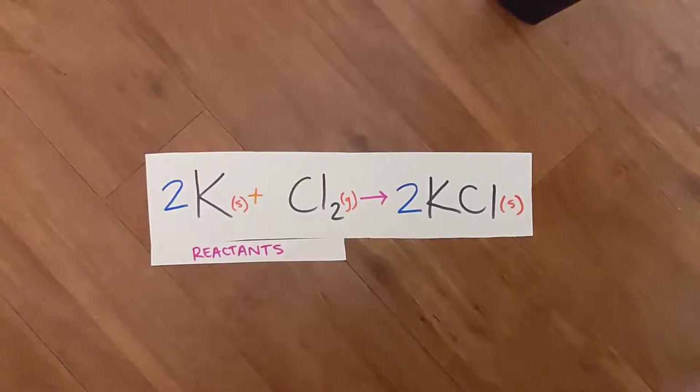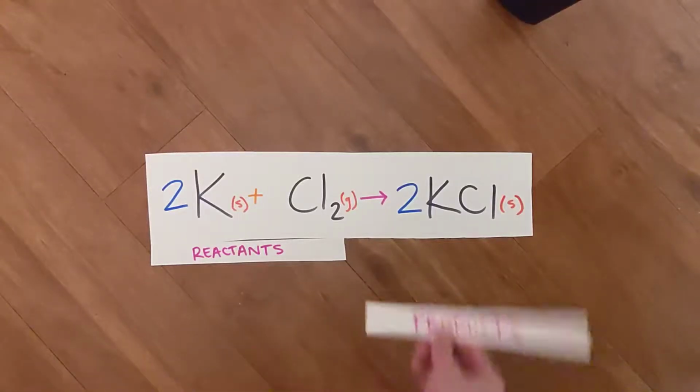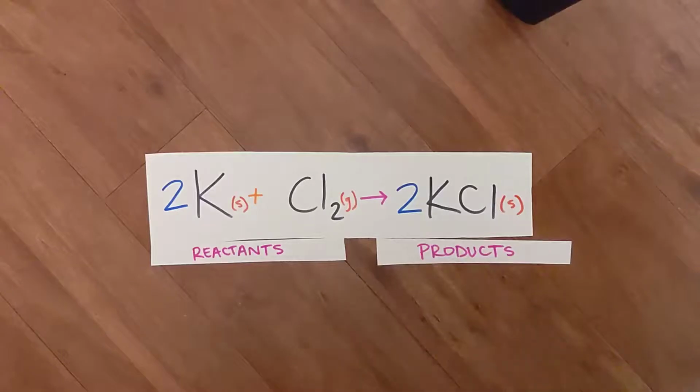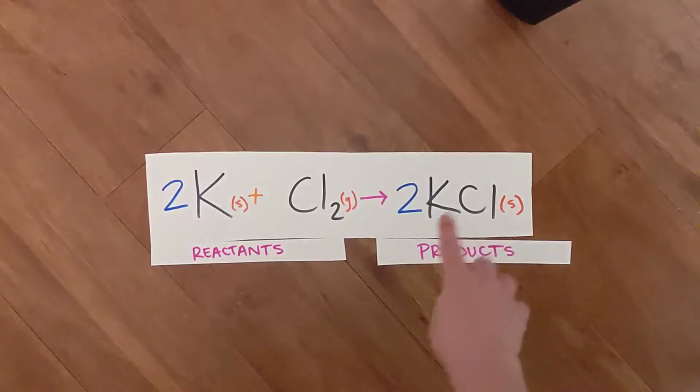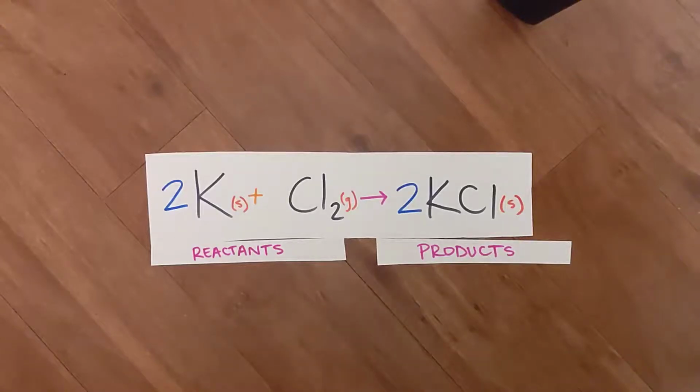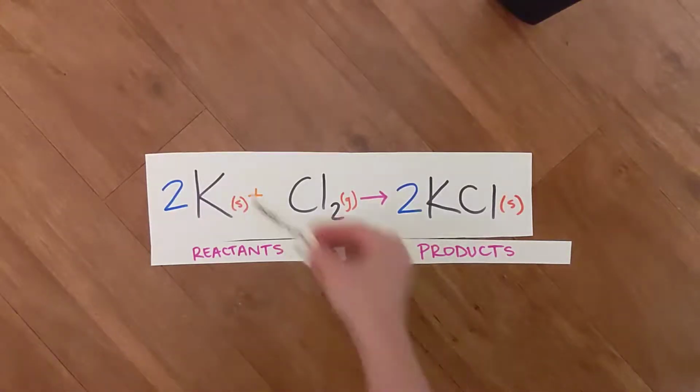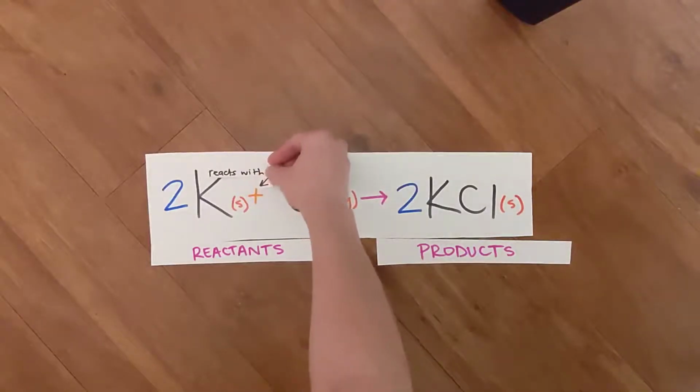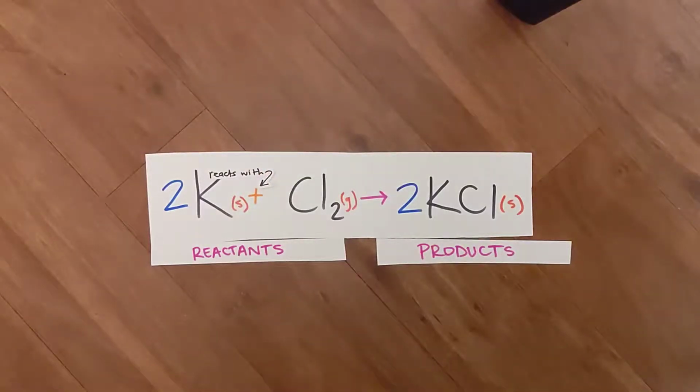And everything to the right side of the arrow is called a product or products. In this case, we only have one product. This plus sign indicates that K and Cl2 are reacting together. So the plus sign indicates reacts with.